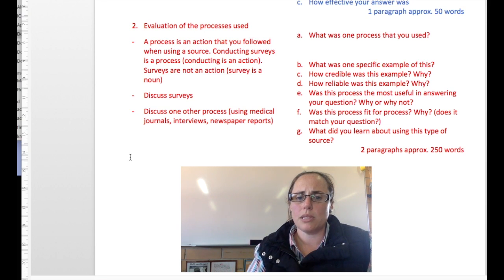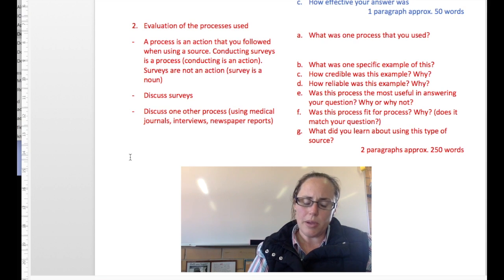F is, was this process fit for purpose? Remember, fit for purpose is a process that matches your question. So if you're researching something on netball and how to warm up for netball, actually doing the warm up yourself is fit for purpose because you're doing what you've been told is a good idea. If you are just searching websites, is that really specific to your question?